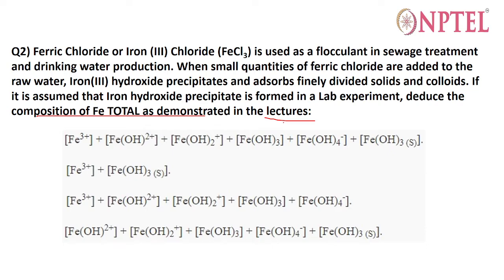So please try to find the right Fe total equation among these four: option A, B, C, and D. You can refer to the book, or some table is already given in the lecture. Professor showed you how to find it from the table, and also from your basic understanding.